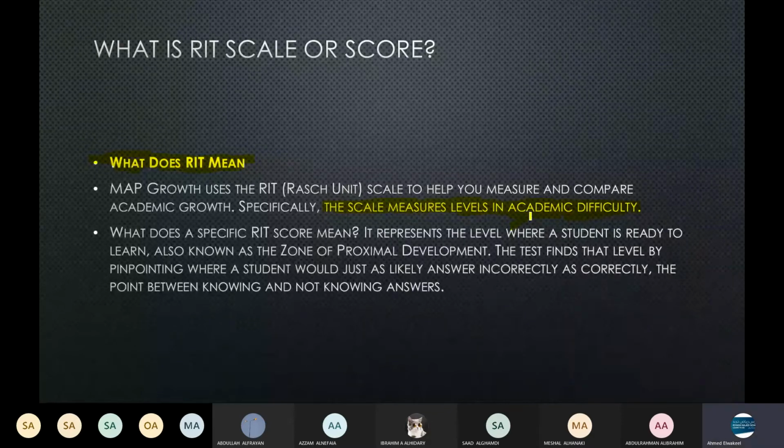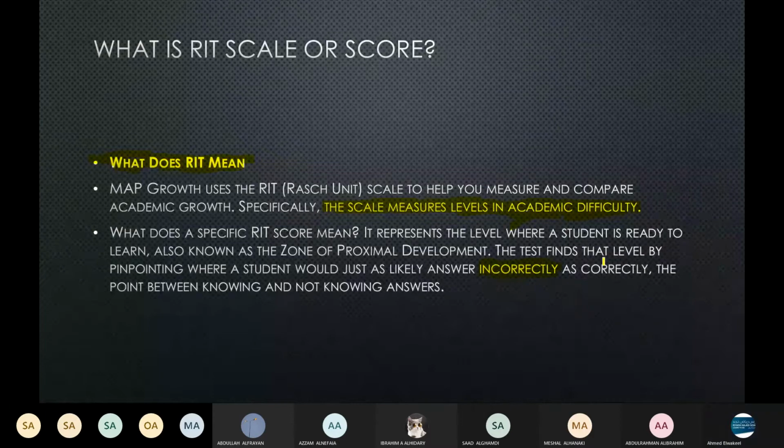Also, the test finds that level by pinpointing where a student would just as likely answer incorrectly as correctly. So it's not just about answering the question correctly, but about why the student answered incorrectly and how we can fix this problem.